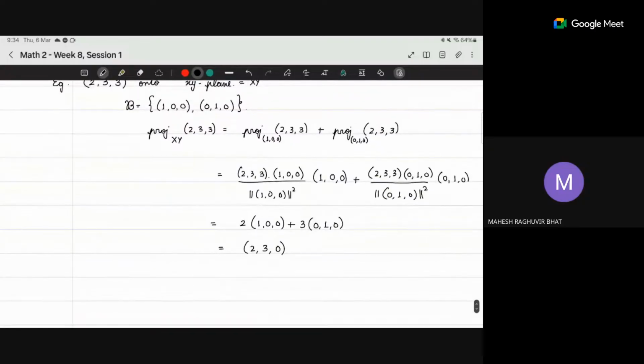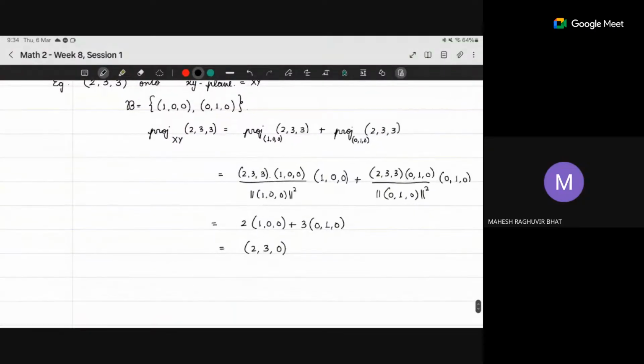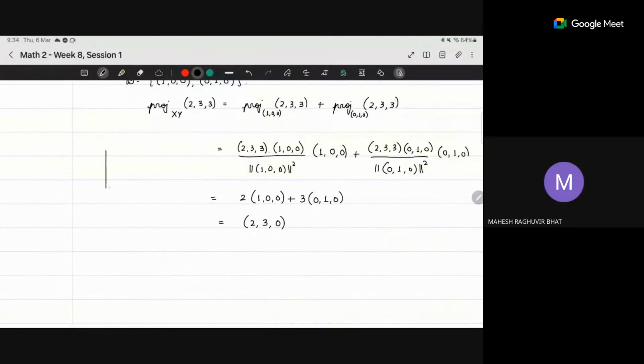But this should not be too unexpected, because if I have R3 and let's say these are the X, Y, Z axes, your (2, 3, 3) will be some vector like this, and you're projecting it onto the XY plane.